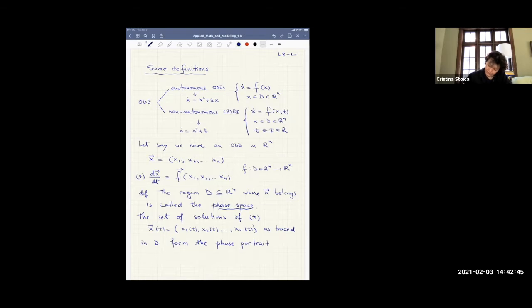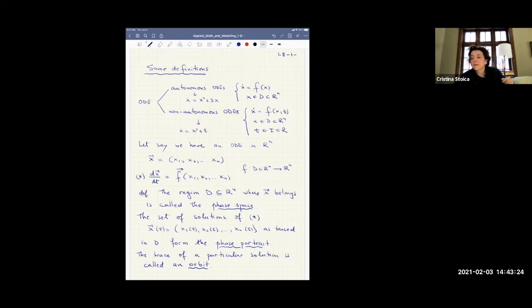Another term: the trace, or the graph of one solution, is called an orbit. So the phase portrait is formed by orbits. We have to have a denomination for this.